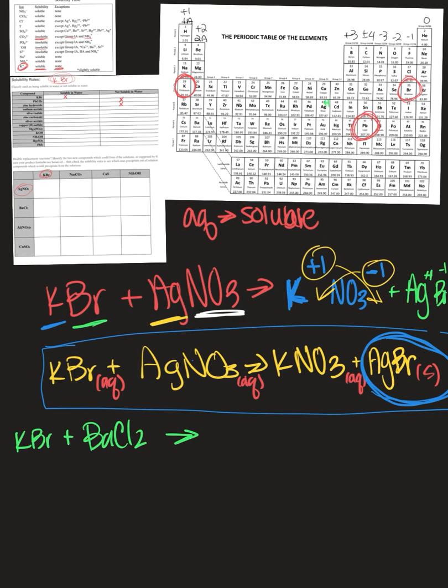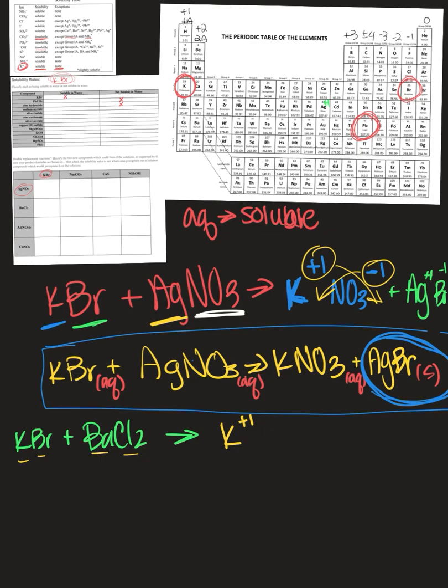KBr plus BaCl2. Now, when we do this, what are our products going to be? We're going to break them up and then put them back together. So we're going to have K, which has a +1 charge, and what? Potassium's new partner is going to be who?